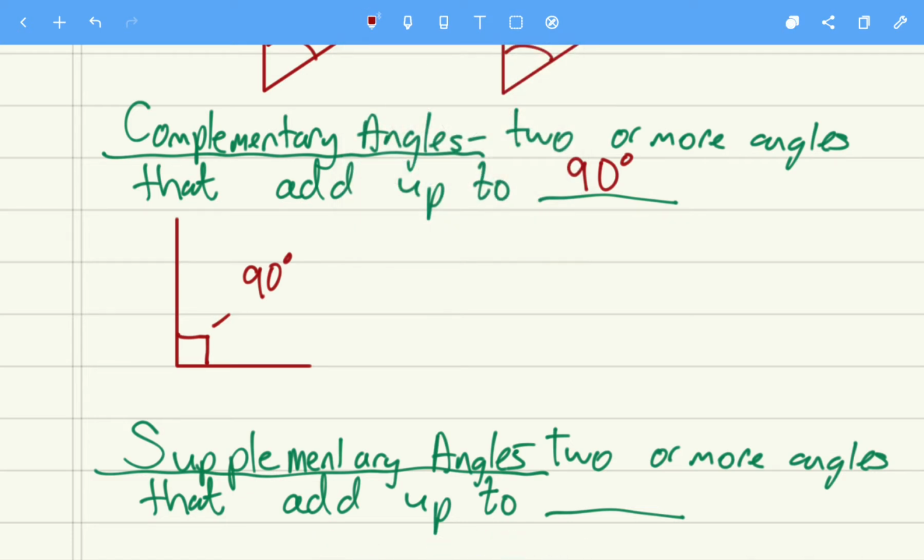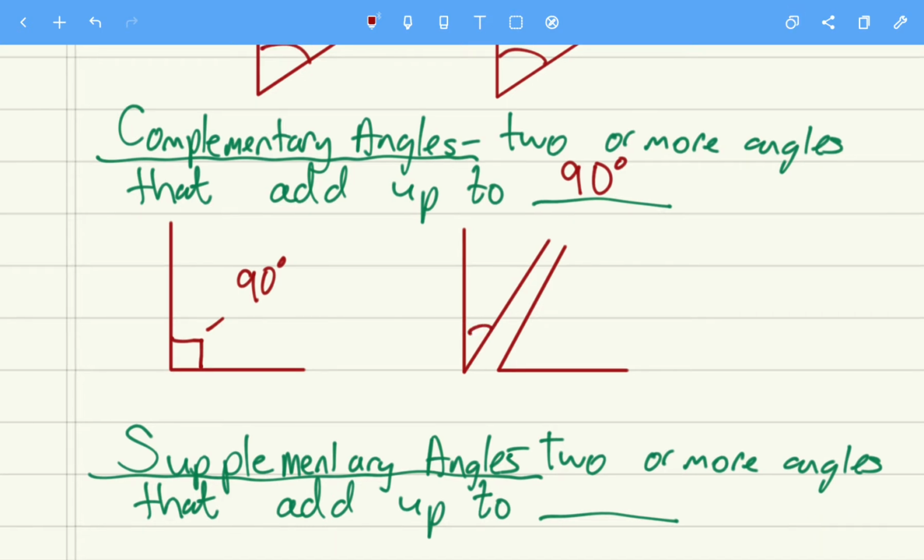Now, complementary angles are two or more angles that can add up to 90. So for example, if this is 30, this is 60, 30 plus 60 equals 90.